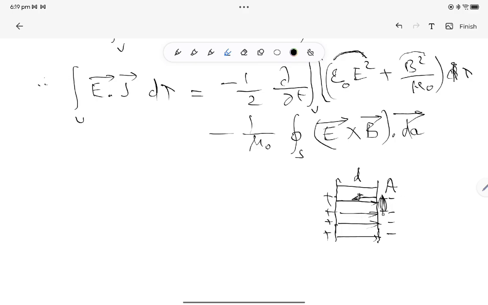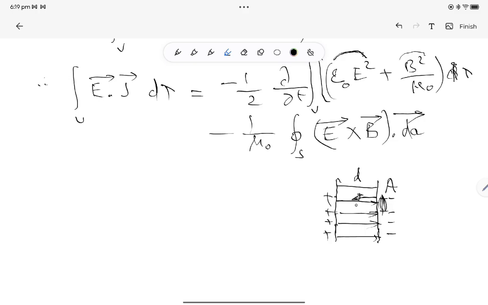Why? Because when he lifts positive charge from this plate, he has to fight against the attraction of these negative charges. And when he deposits that positive charge here, he has to fight against the repulsion of these positive charges. Work is being done both in extracting charge from this and depositing here.